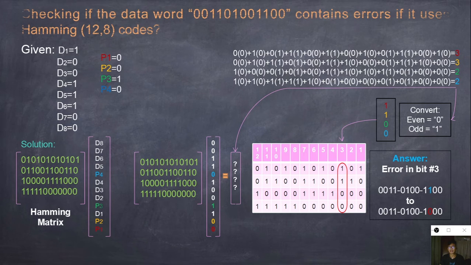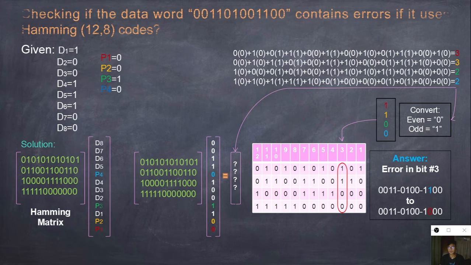Then we convert the answer: even equals 0 and odd equals 1. So 3 is odd, so it equals 1. The next 3 is also odd, so we convert it into 1.